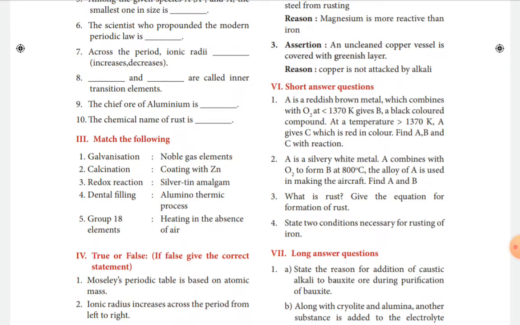The alloy of A is used in making aircraft. Find A and B. So A already, from the statement itself we can understand the silvery white metal is nothing but aluminium. So A is aluminium. So what reaction takes place when aluminium reacts with oxygen at 800 degrees Celsius? That you have to learn.